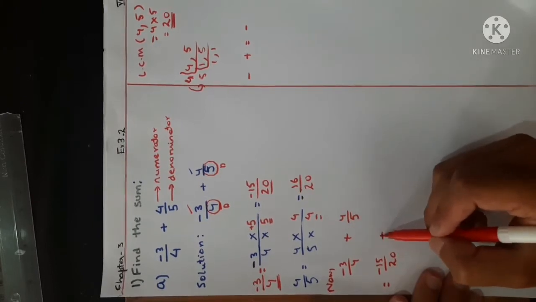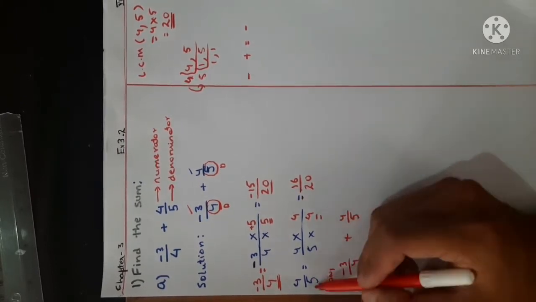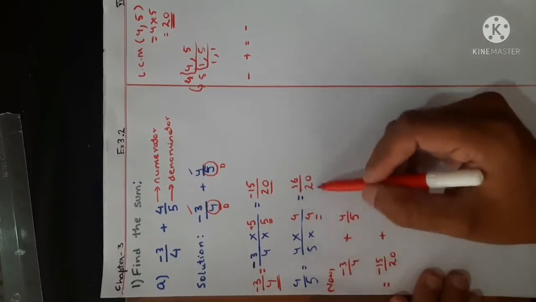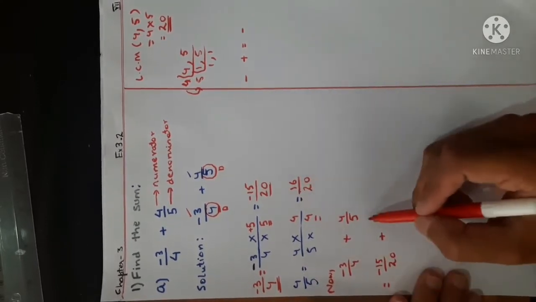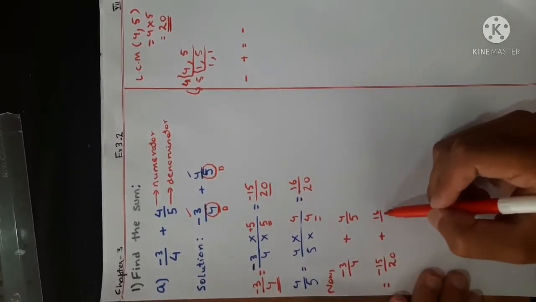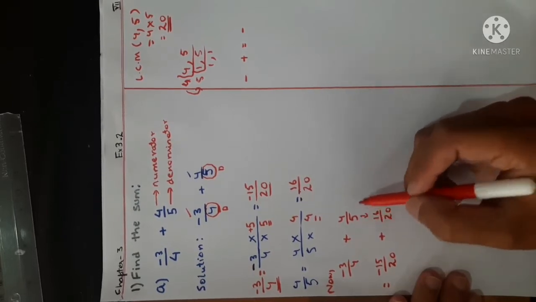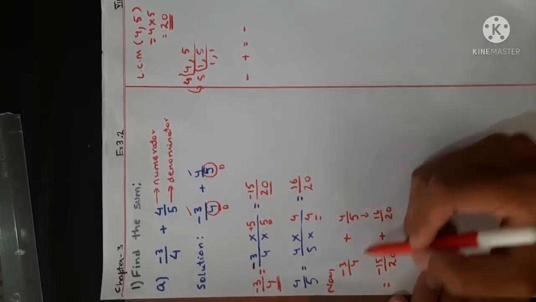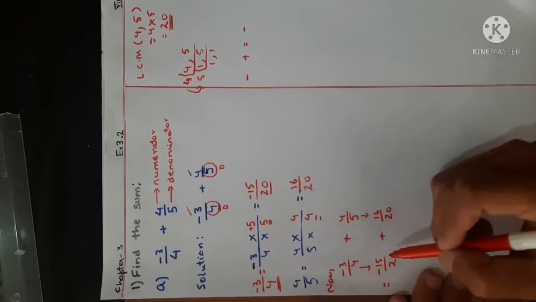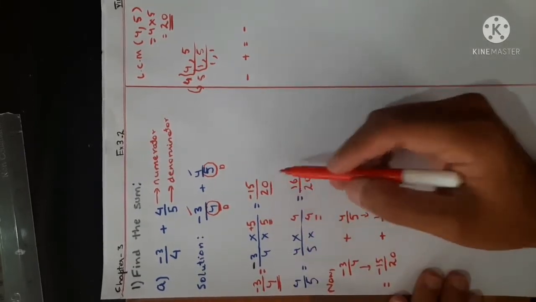This is a plus sign, so plus. And 4 by 5 is equivalent to 16 by 20, so in place of 4 by 5, I will write 16 by 20.